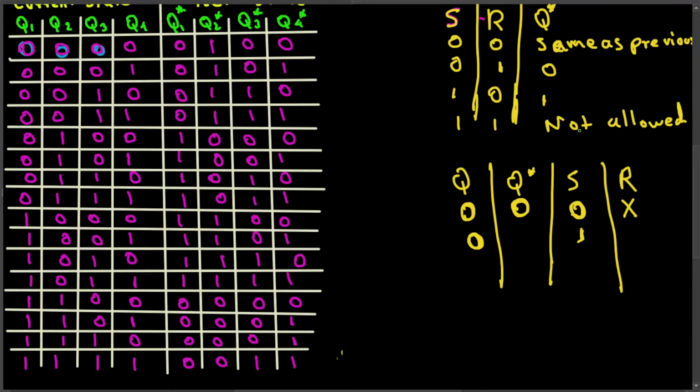We are trying to get the Q next state to be 1. That's only possible in which case? Okay, I actually wrote it wrong here. I should put that 1 in the Q next state. Yeah, if I want the Q next state to be 1, if the Q is 0, then the only possible way I can get Q next to be 1 is 1 0.